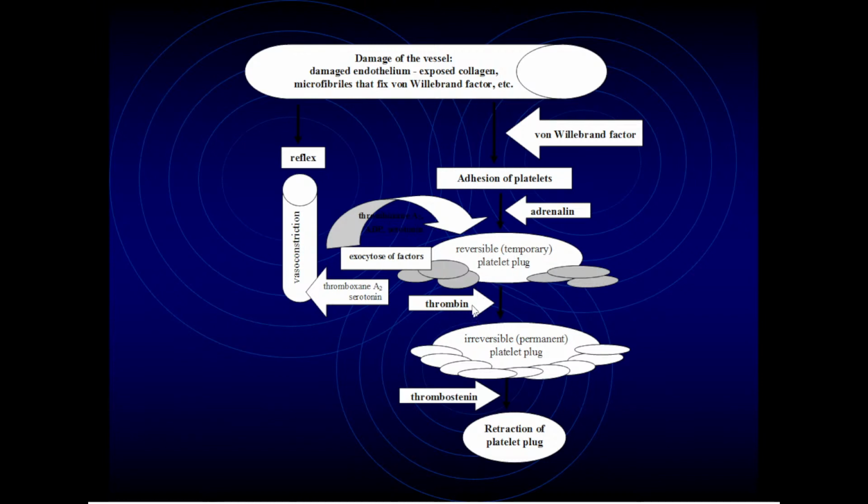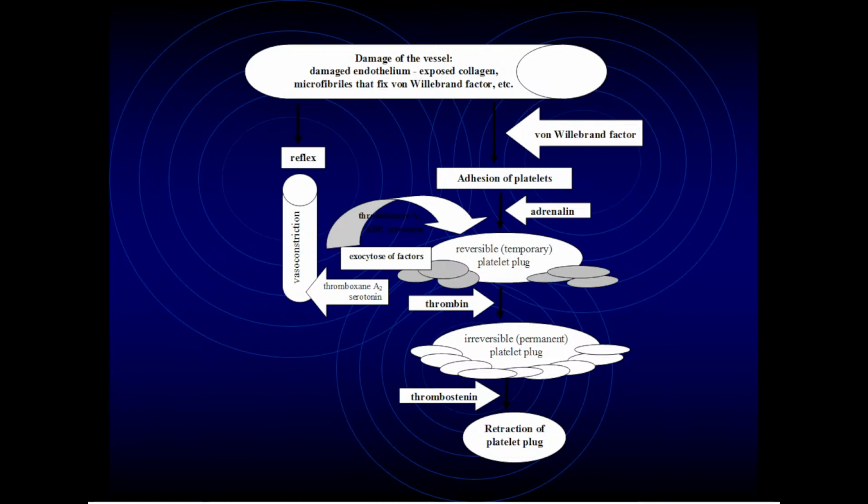As you see, small amounts of thrombin, which is formed simultaneously to the vascular thrombocytic hemostasis in the process of blood coagulation by the extrinsic system, will convert the temporary reversible platelet plaque into an irreversible platelet plaque.